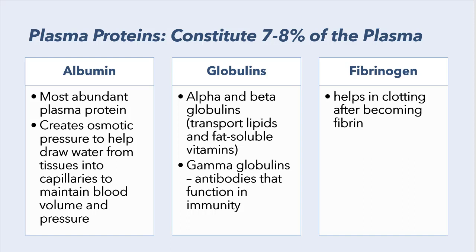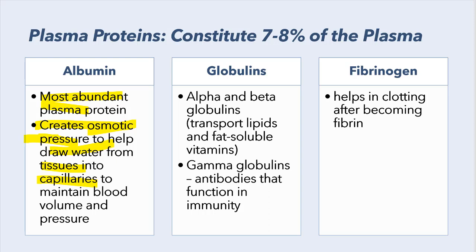This is going to be a protein that assists in the exchange of fluids, especially in the blood capillaries, and it creates this environment that makes the osmotic pressure high, so it can draw water from the tissues into the capillaries to maintain blood volume and pressure. And again, this is the most abundant plasma protein.